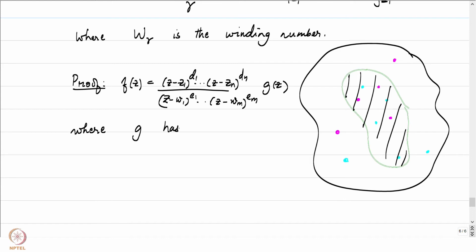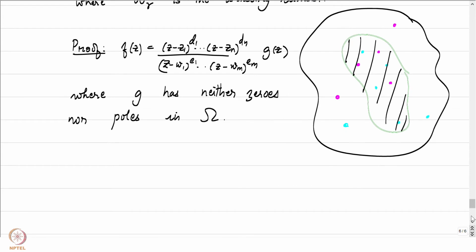g has neither zeros nor poles in omega. This is done by successively using the fact that the z_i's are zeros and the w_i's are poles of f.